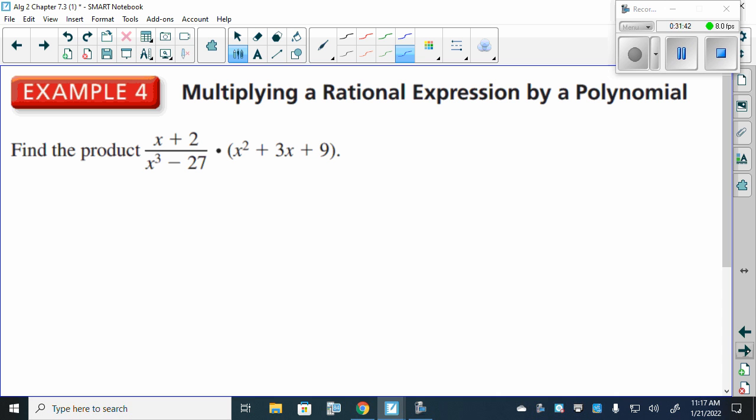These here are the last two types that we're going to look at. And the only thing that's really different from this one here than the ones we did before is, well, our second term isn't written as a fraction. But what is the x squared plus 3x plus 9 going to be multiplied by? The x plus 2. Because the denominator for the second part is what? 1.